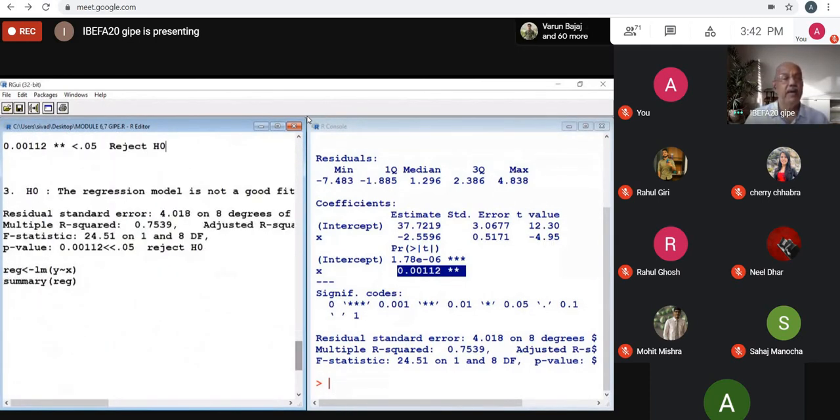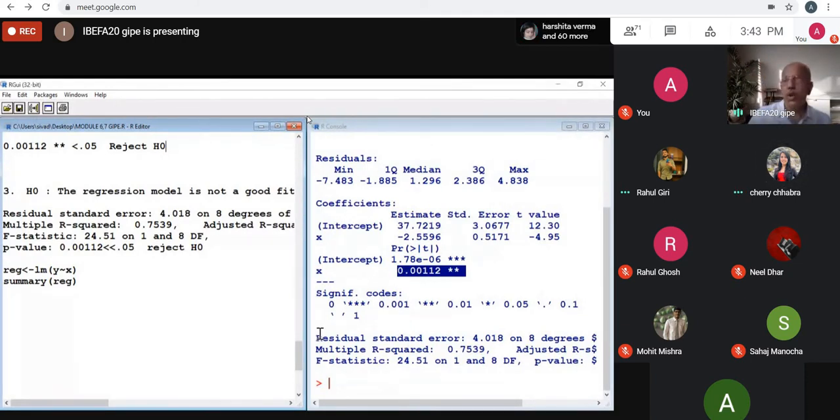Last one. What is the p value? 0.00112, which is less than 0.05. Reject H naught. What does it mean? So the regression model is a good fit.